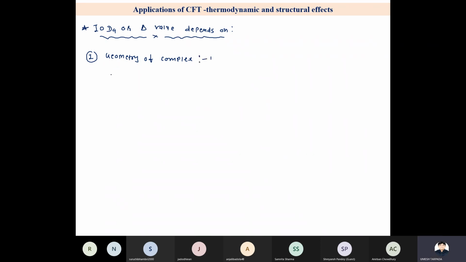So you know very well, tetrahedral geometry has less energy as compared to octahedral, and octahedral geometry has less energy as compared to square planar and tetragonal. Octahedral has more energy as compared to tetrahedral, and the highest energy is exhibited by square planar.